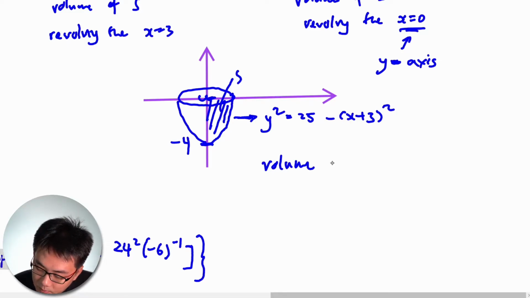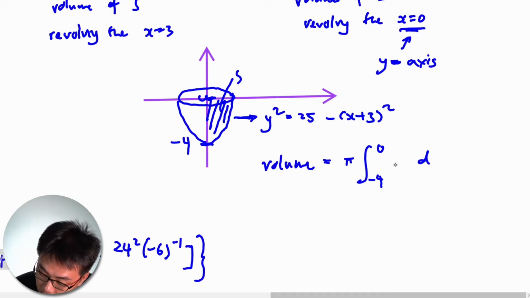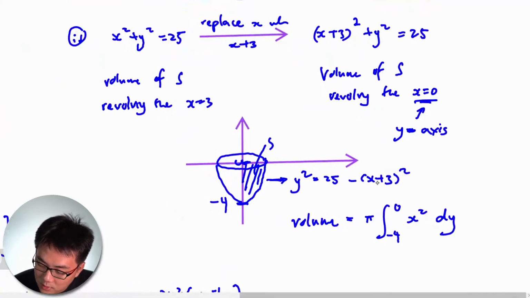It's pi times the integral from negative 4 to 0. You use y squared dx, oh, it should be x squared dy. So I need to change this to x squared instead.